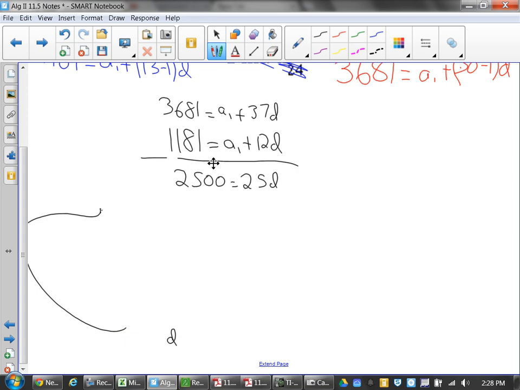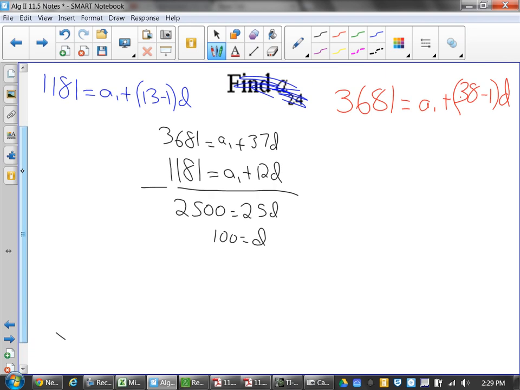Like just 100 out of all those weird numbers. It happens. Okay? And then I can substitute this back here to figure out the first term. Do you agree it's going to be first term plus 1200 is 1181? Yeah. So I just subtract it out and you get for your first term negative 119.